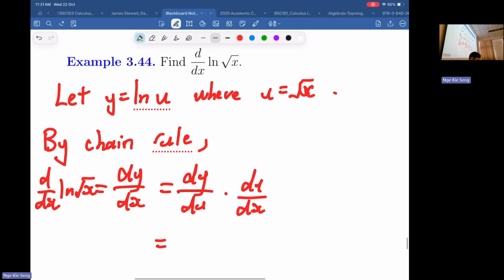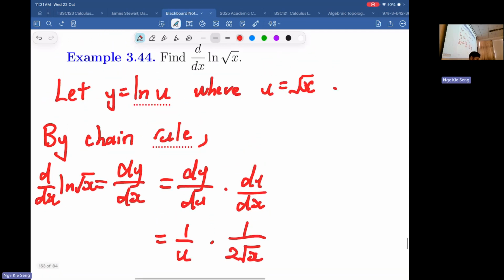If you do this calculation, the derivative of ln u, you should get 1 over u, like what we discussed just now, times du/dx, which is just 1 over 2 times square root x. Altogether we get 1 over 2x. Very nice function here.